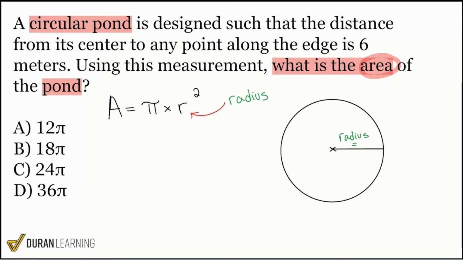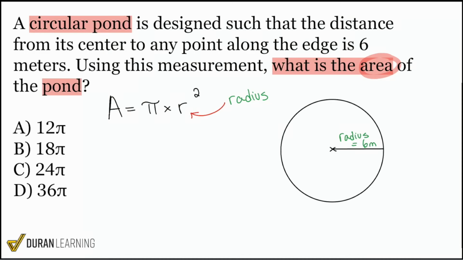That is radius, and that is 6 meters. Remember, everybody, the area formula for a circle must use the radius. Everybody, which formula is it that can take either the radius or diameter? Which formula is it?